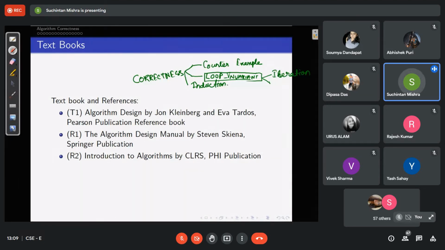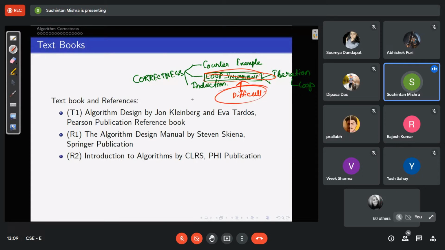Iteration means loop. So when you have the concept of loops or iterations, in those conditions, the loop invariant based proof method is used. Nevertheless, it is one of the most difficult methods out of all three.